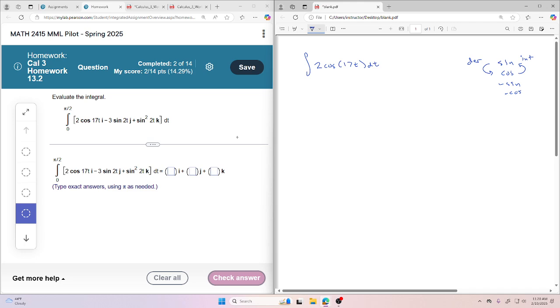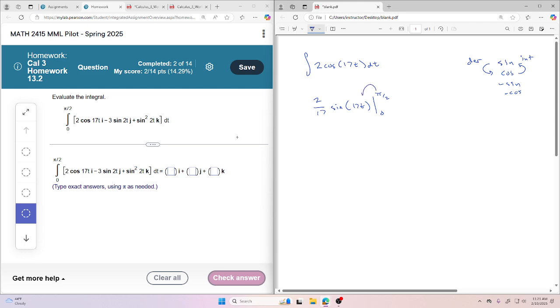Right. So yeah, I'm integrating, and again, quickly, we don't have to use sub and all that stuff, right? What do we do with the 17? On the bottom, divide, exactly. So 2 over the 17, sine, and retain the inside. We're going to go from 0 to pi over 2. And you can see that I'm basically just doing each component individually, right?